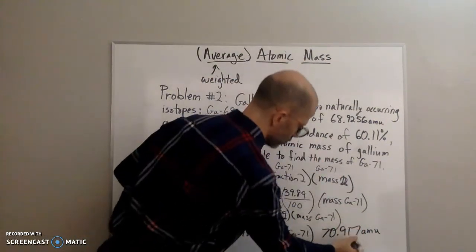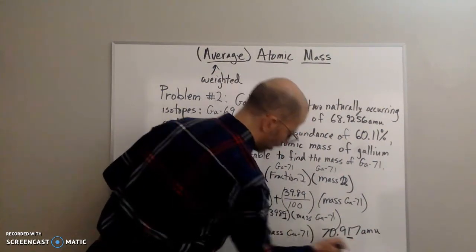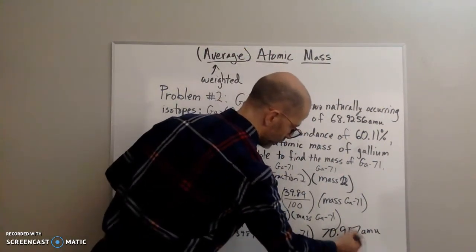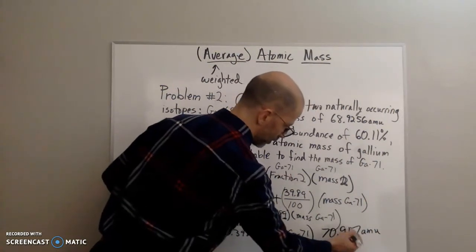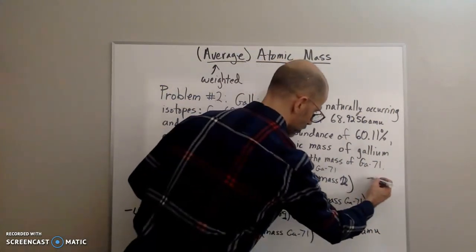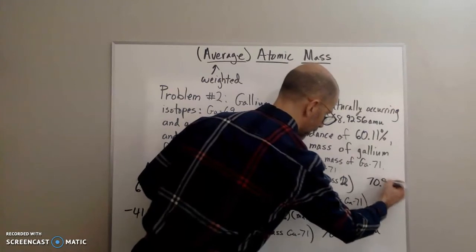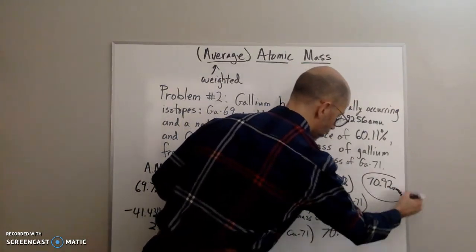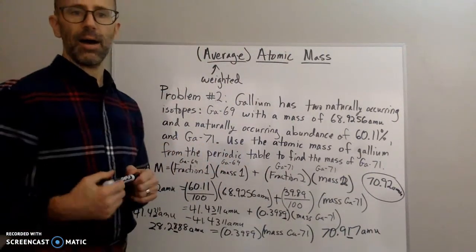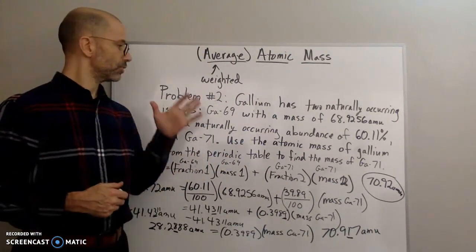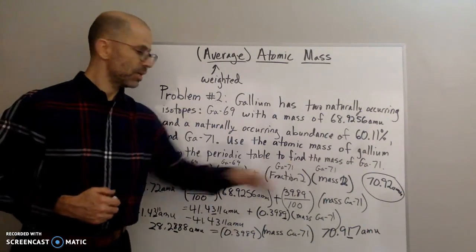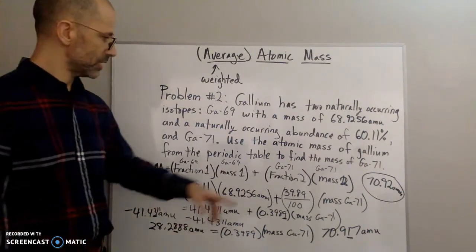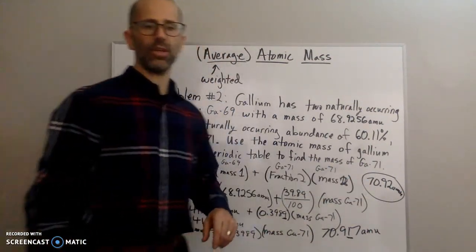That means we're only allowed up to the 1, so we have to round this to a 2. We drop the 7, and so the final answer is 70.92 AMUs. And that is the mass of gallium-71. You can see that it's very, very close to 71.